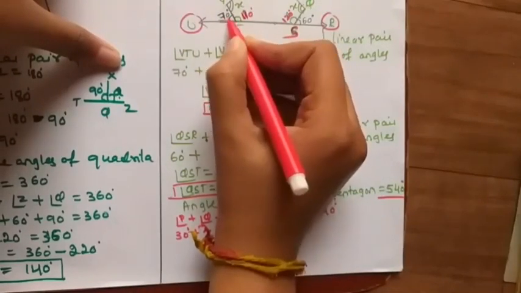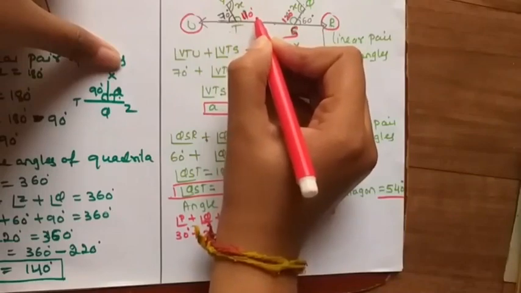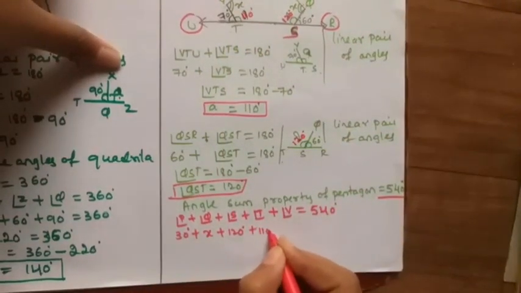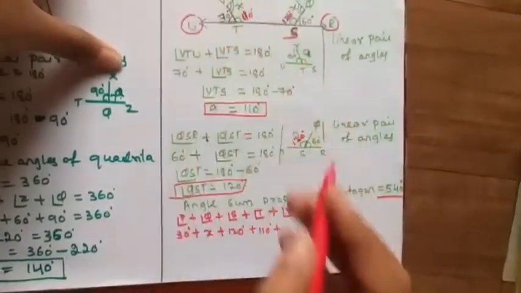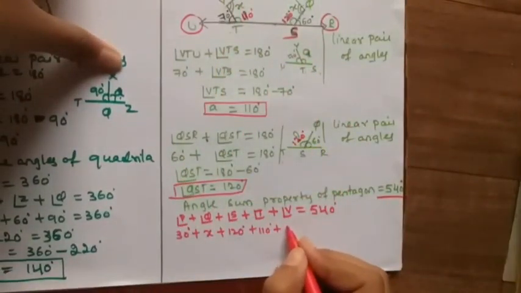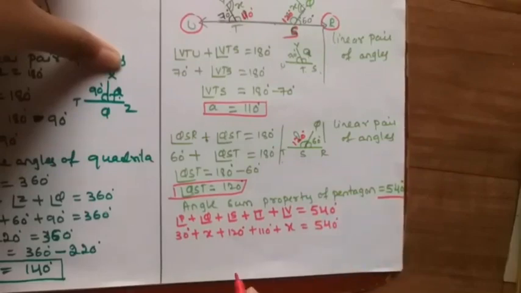One is the exterior angle and another is the interior angle. We should consider the interior angle, which is 110 degree. And angle V is x. So keep as it is. Is equal to 540 degree.